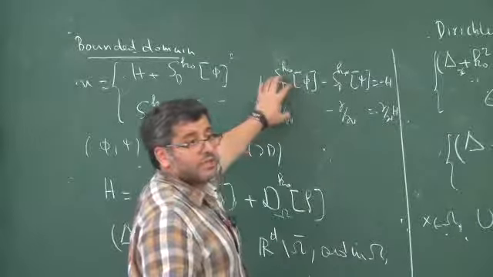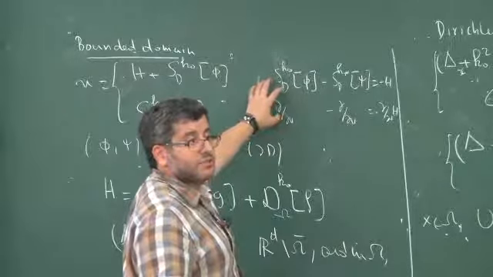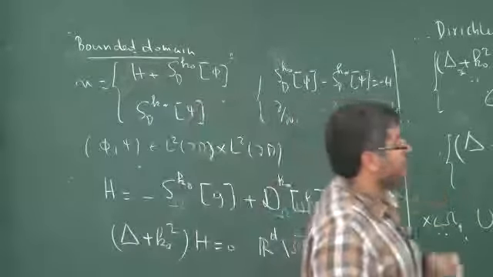Phi was lambda I minus K_D star, inverse, of dH/d nu. Here it is exactly the same.